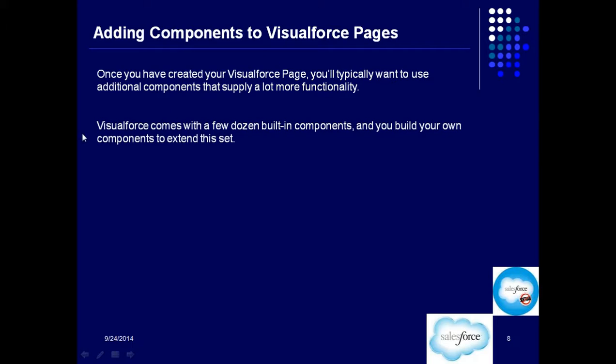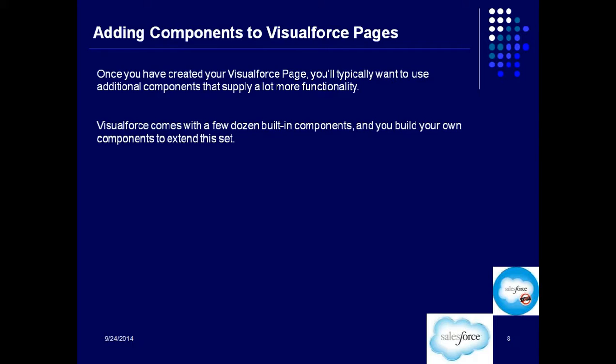Now you might be thinking, where do I get components? Visualforce comes with a few dozen built-in components. So there are a lot of built-in components already there which you just have to use, right? And you build your own components to extend this set.